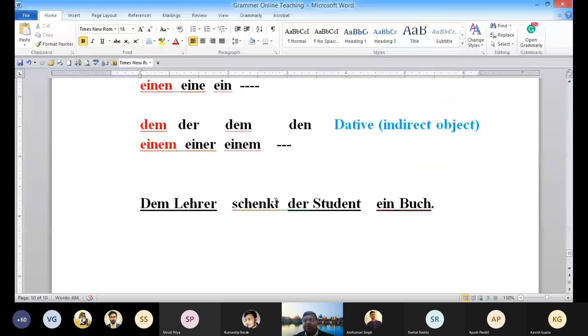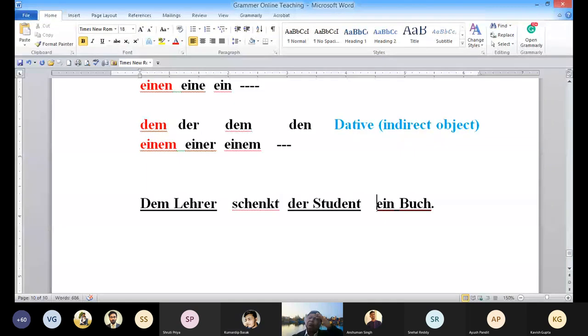I will write mein Buch. So mein I am using, mein will remain because Buch is a neuter gender. If I'm replacing this Buch by some feminine noun, it will be meine. So as I mentioned, you can choose any one of the possessive pronouns to replace the article. You can replace the definite or indefinite article and put the possessive pronoun. Okay, sir.